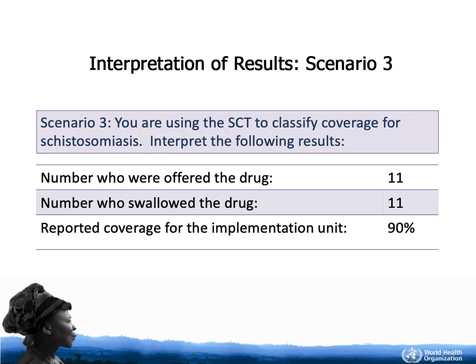Additionally, the large discrepancy between reported coverage for the implementation unit and the SCT results suggests that there are issues within the reporting system. At this point, the SCT team should discuss what steps to take immediately to see if there's anything that can be done to reach those who weren't covered, and what can be done in the long term to identify problems with the reporting system.